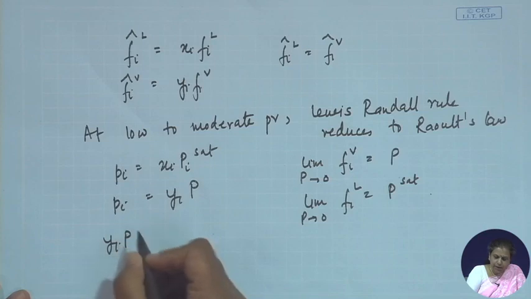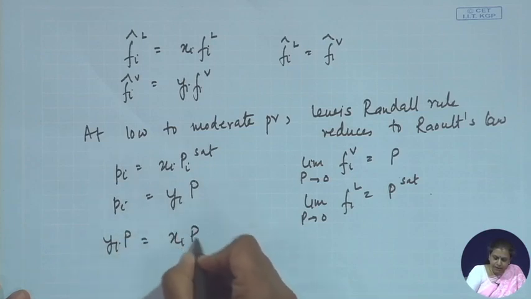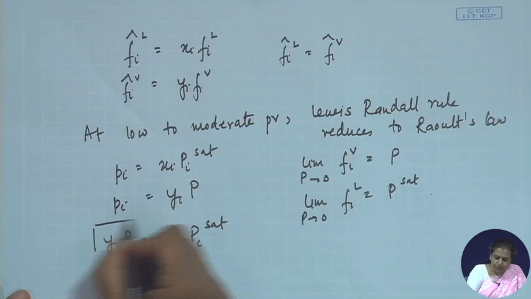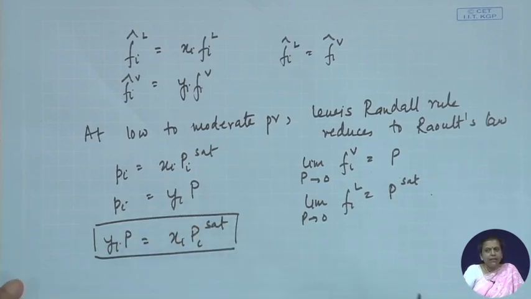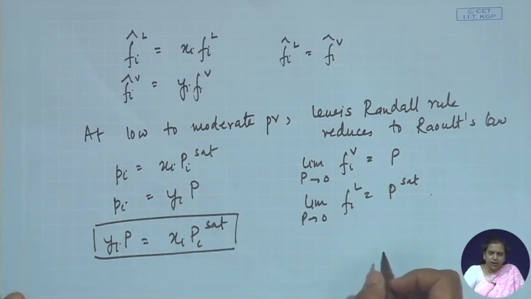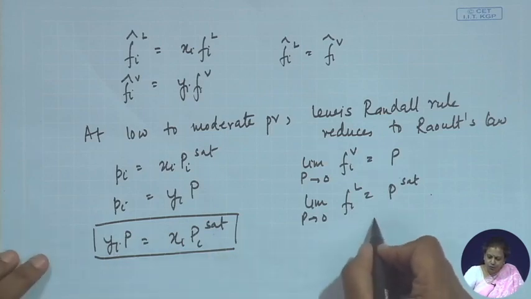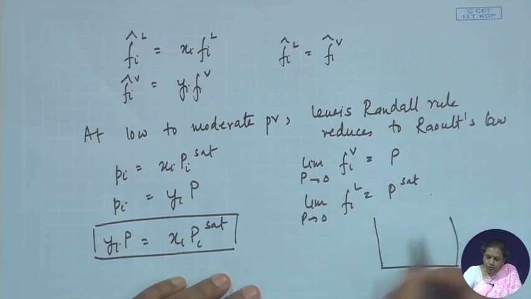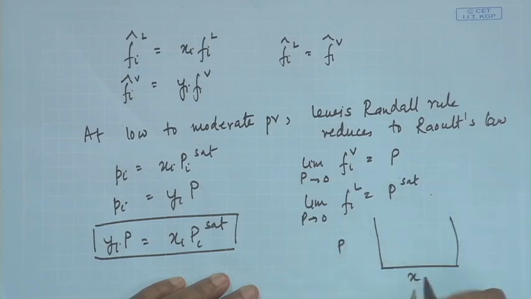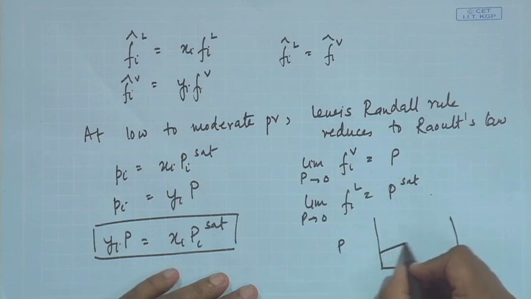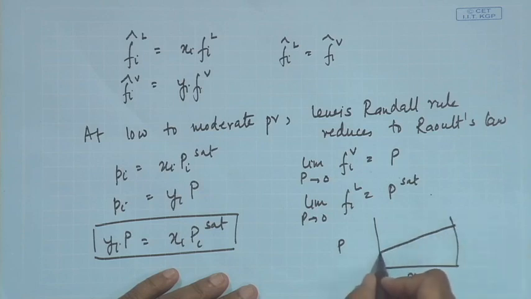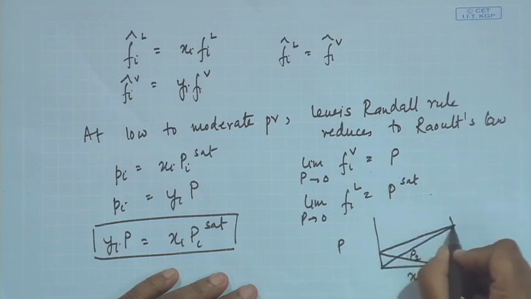So, for low to moderate pressure, this was the situation, and this is the rule according to which we can combine the two and write it in this particular form for an ideal solution. Then we went to a non-ideal solution. According to this, we also found that if we plot pressure versus x1, then we get the total pressure curve like this, the P2 versus x1 curve like this, and the P1 versus x1 curve in this particular fashion.